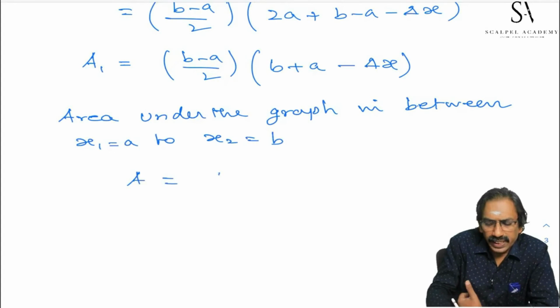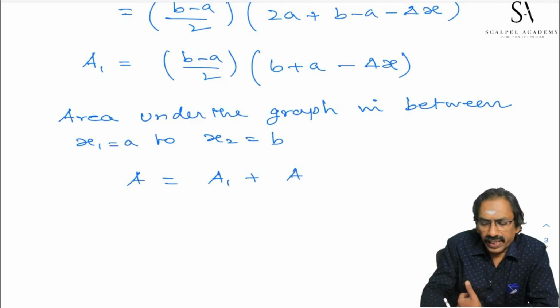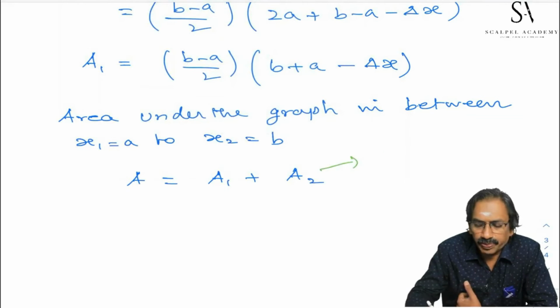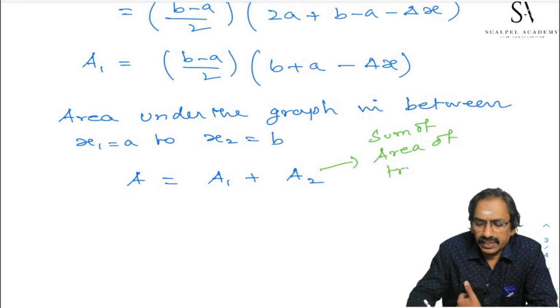That is the sum of the area of rectangles plus the sum of the area of triangles. This A2 is the sum of the area of triangles.